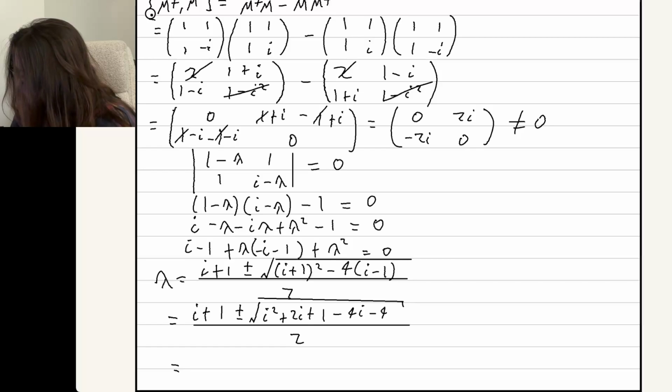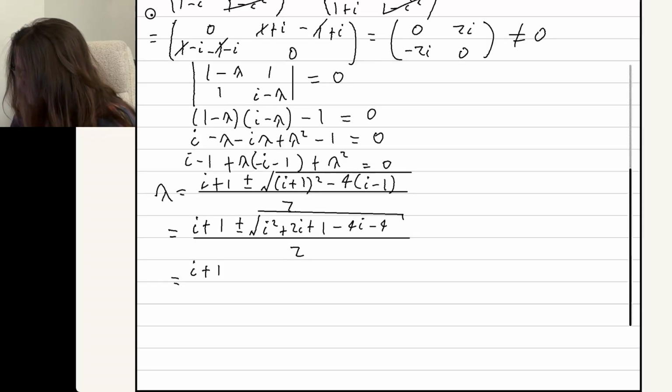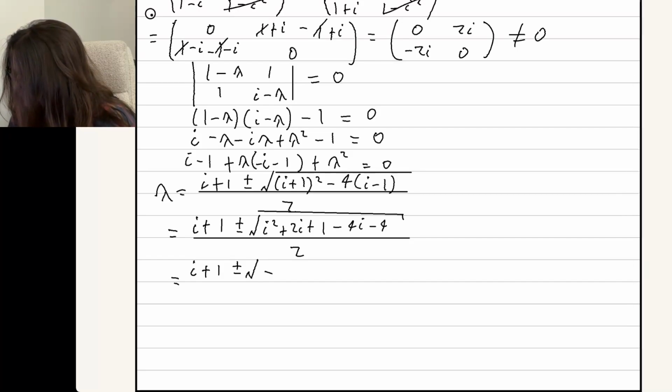Continuing to simplify, I plus 1 plus or minus square root. I squared is, of course, minus 1. And then we've got 2i minus 4i, so it's minus 2i. And we've got 1 minus 4, so we got minus 3. And actually, now that I think about it, that should be a plus 4.